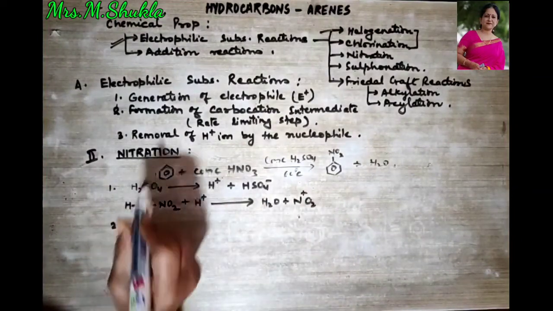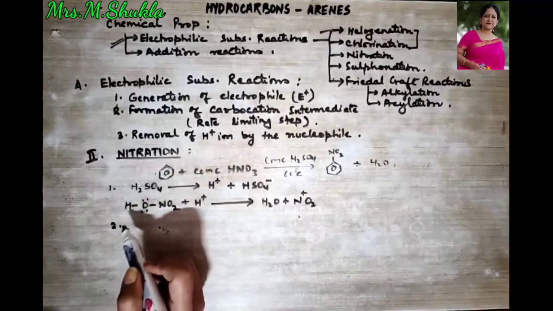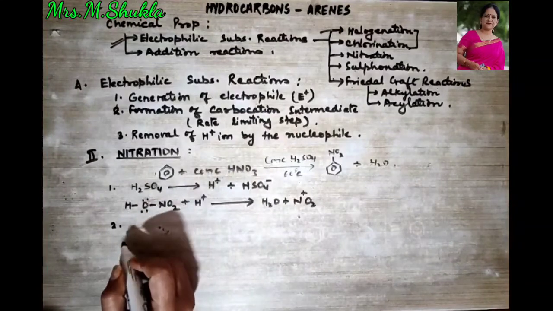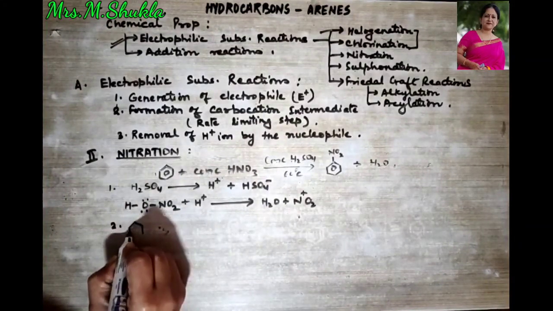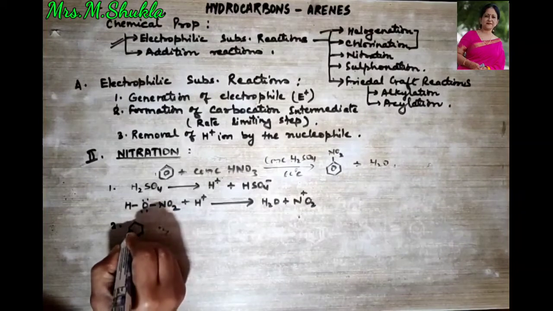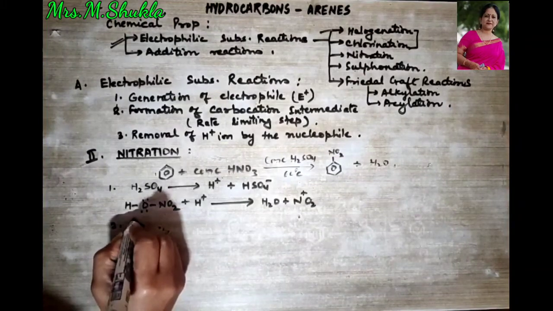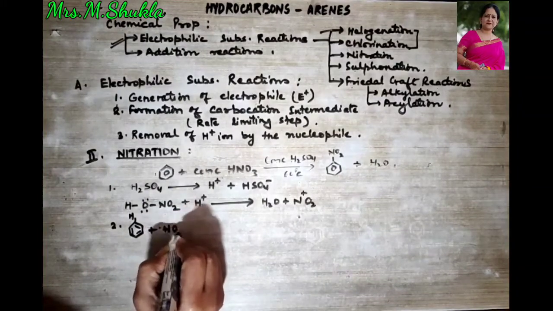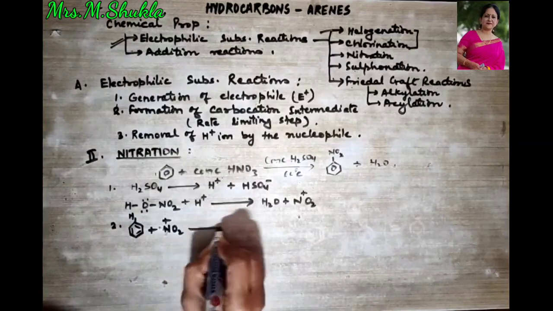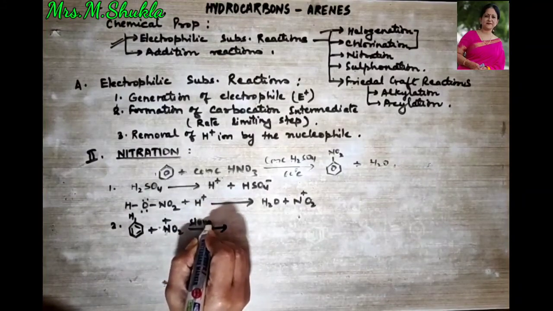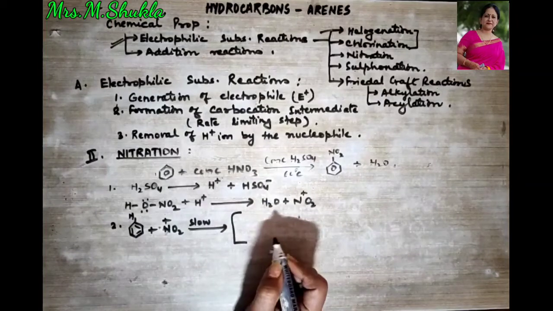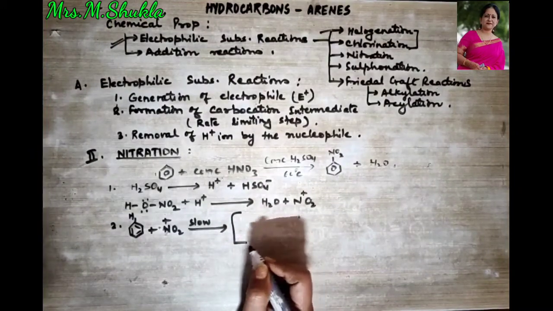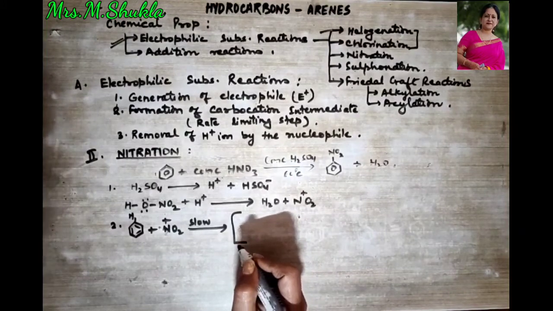Now our second step is formation of carbocation intermediate. So again I tell you, this is a rate limiting step. When your electrophile NO2 plus is treated with benzene, it is going to show us a slow reaction and immediately it is going to become unstable, and to become stable it is going to get into its resonance structures.